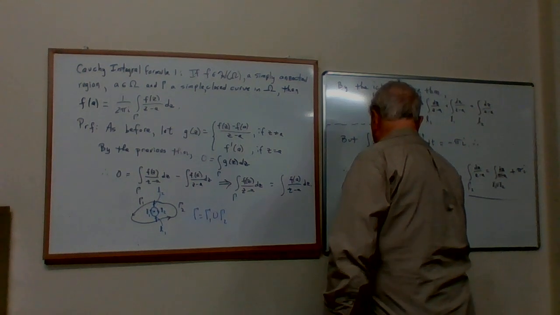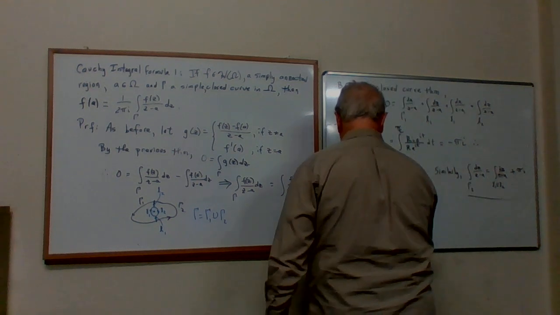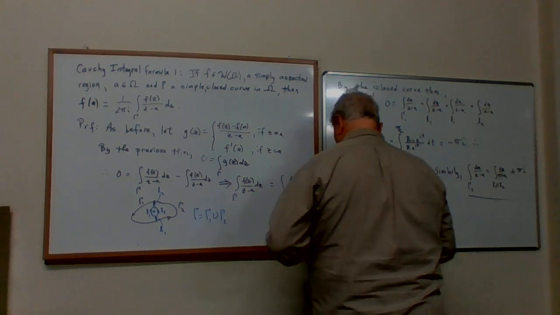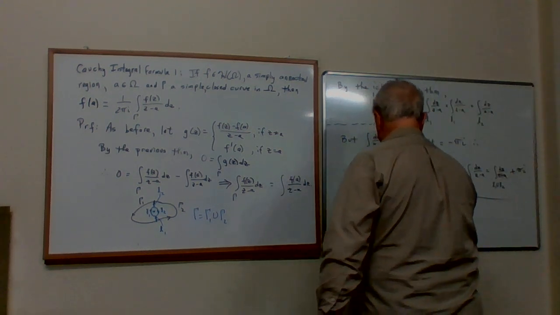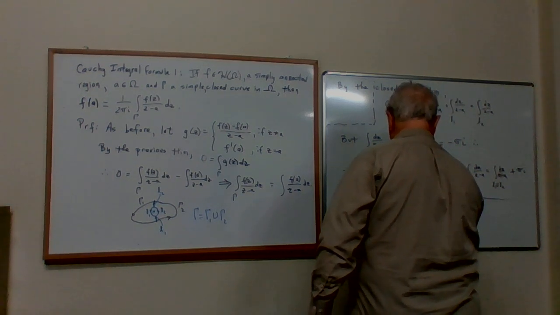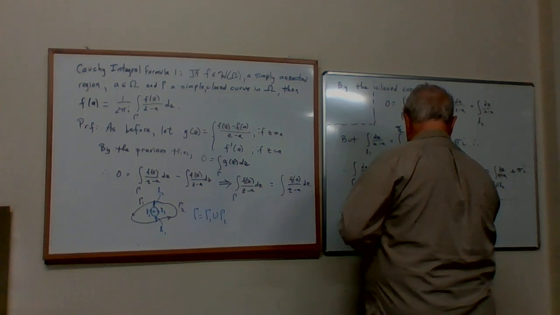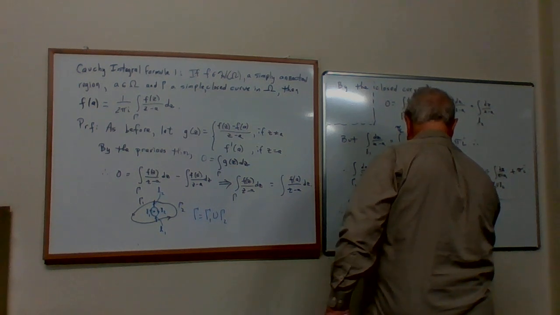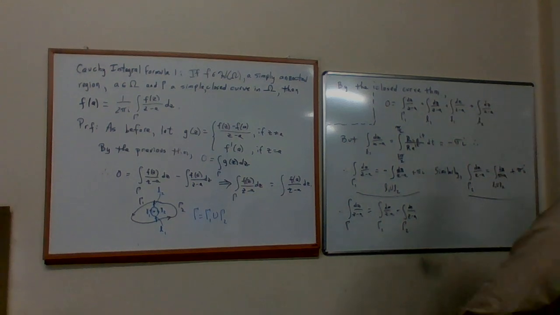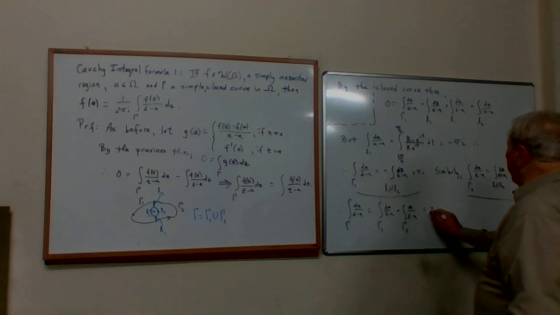Therefore, the integral over the big curve all the way around of dz over z minus a is equal to the integral over gamma 1 of dz over z minus a plus the integral of the same thing, dz over z minus a, over big gamma 2. And the only thing that doesn't cancel is pi i plus pi i. So this is 2 pi i.